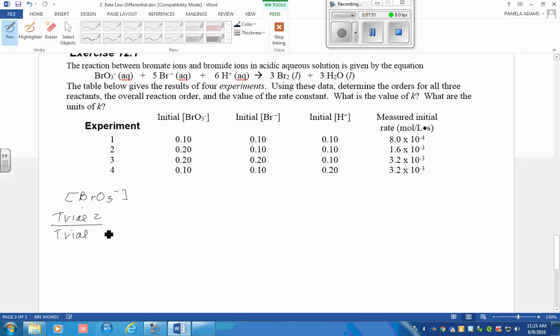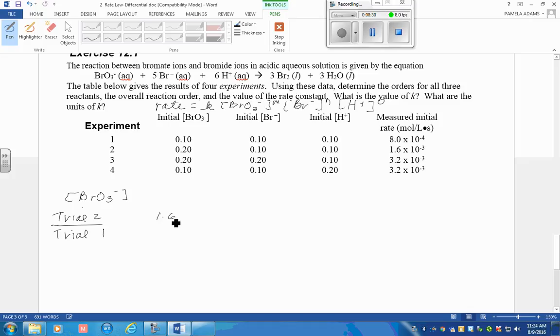Once again, I'm just going to put trial 2 on top because its numbers are larger, makes my math work out well. I recall that my initial rate law will have the general form rate is equal to this polyatomic ion raised to some experimentally determined value times this raised to an experimentally determined value times this. So I'm going to just take the values from trial 2 and put them in here.